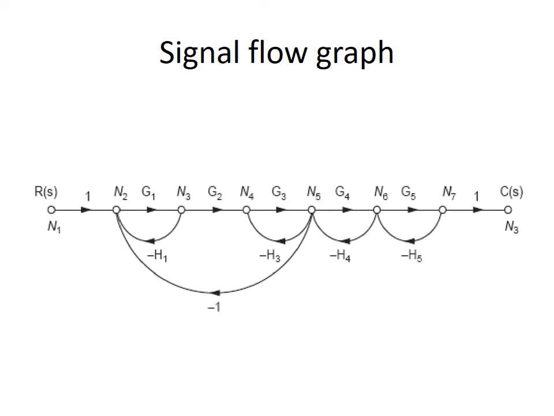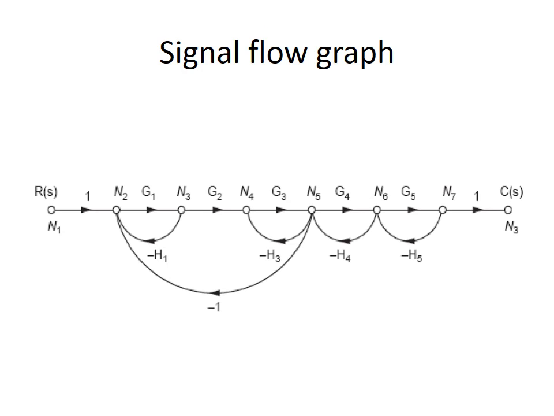You have to find the product of these two, and then add all such values in your del. Another possible combination of two non-touching loops is G3 H3 and G5 H5.